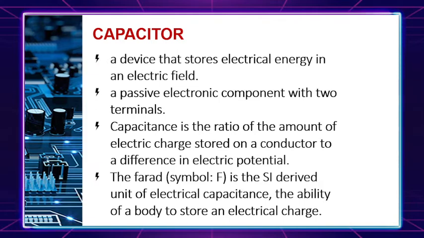For the capacitor, we have the farad, or capital F as its symbol, derived from a scientist and inventor named Michael Faraday. It is the unit of electrical capacitance, meaning the ability of a body to store an electric charge.